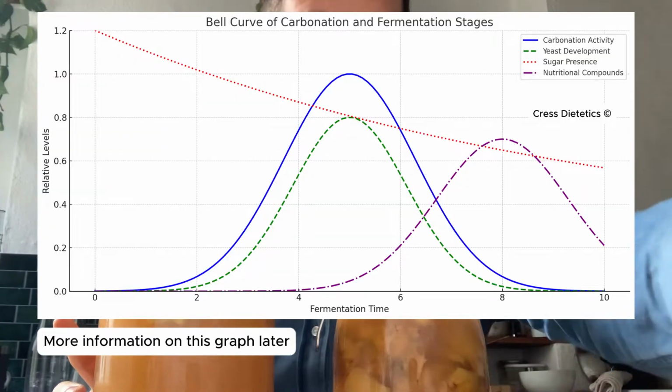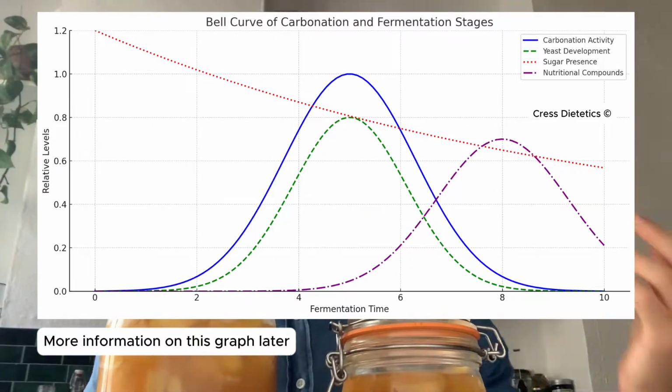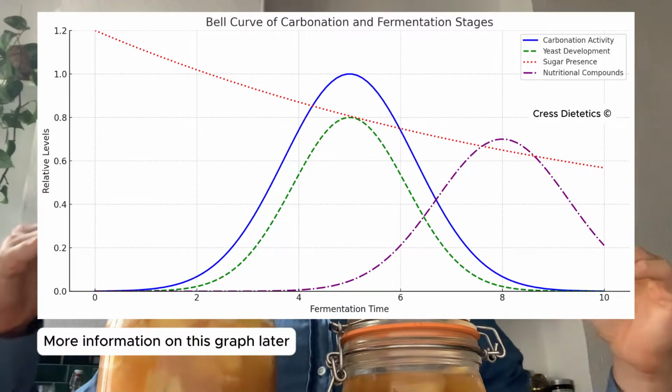And so what is missing is that people forget that there is a bell curve to nutritional fermentation regarding a ginger bug or any other type of bug that you're trying to make. So in this first part of the bell curve, the yeasts are ramping up and they are eating sugars. This first part right here, there is a lot of sugar and there's a lot of yeast.